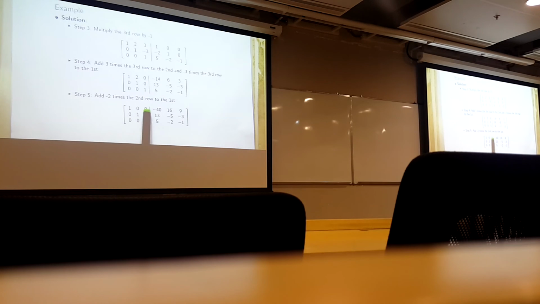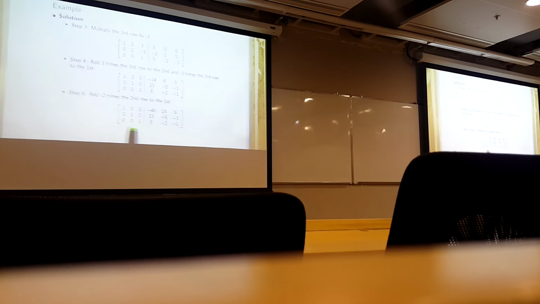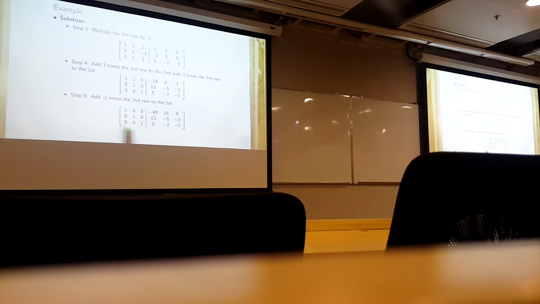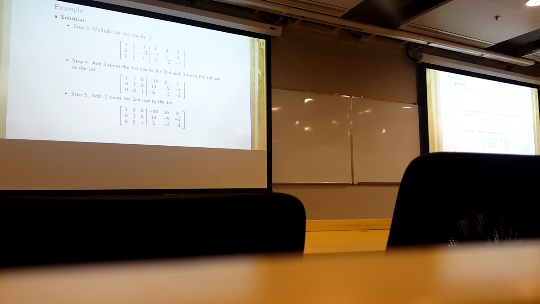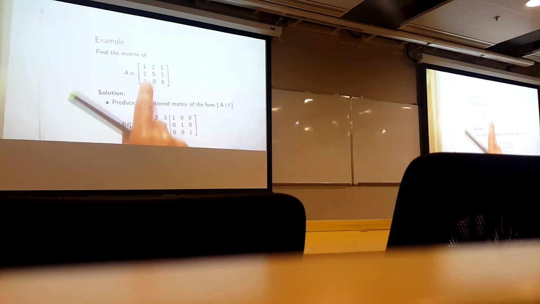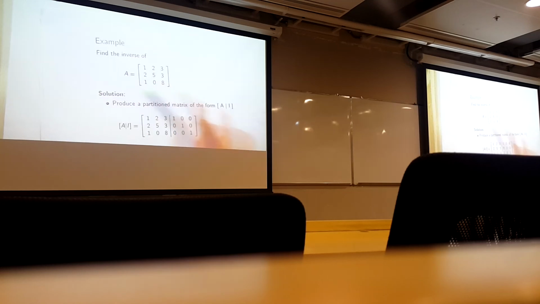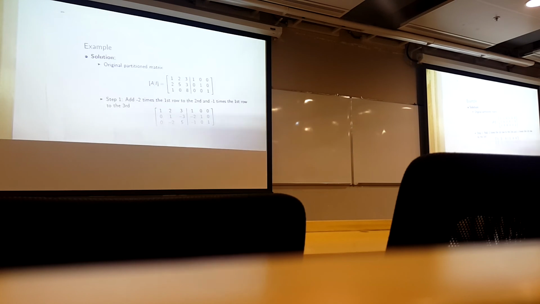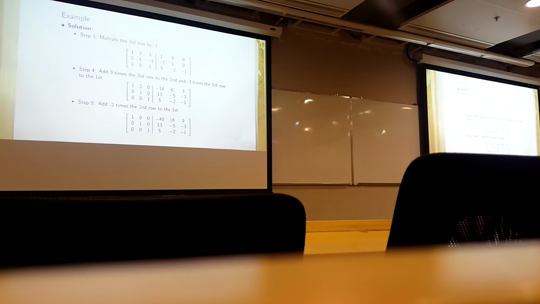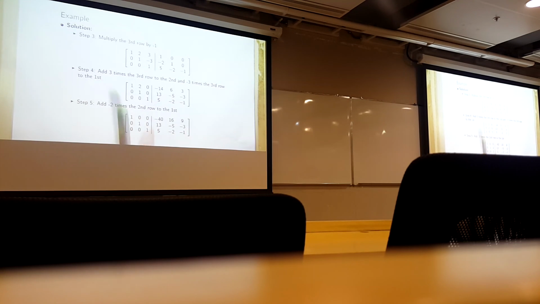But if you can work up to this form, where the left-hand side is an identity matrix, then the right-hand side is the inverse of the original one. The original is this one. Okay? So after the elementary row operations, when you arrive here, then this is the inverse of the original matrix.